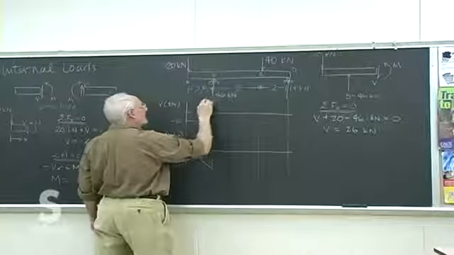We now have the 40 kilonewtons down at C, and now our cut is somewhere between C and D. Draw on the shear and the moment and just solve for them.